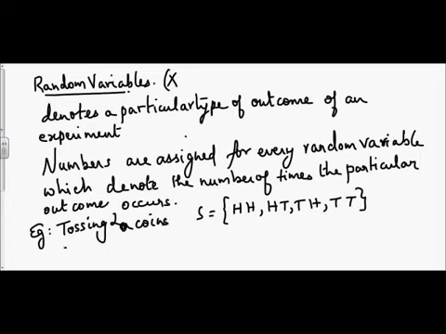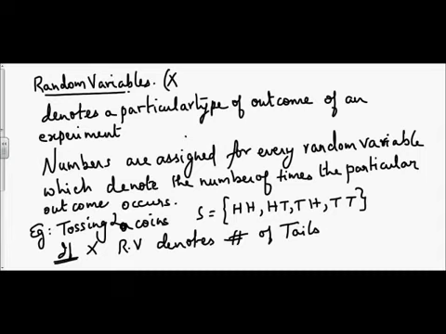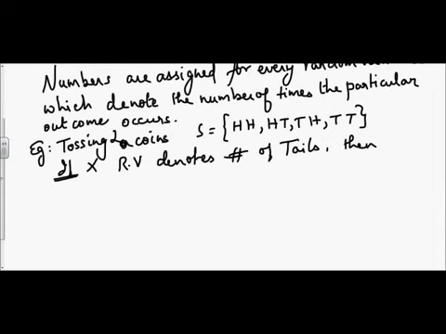If I consider X to be the random variable, I'm using the abbreviation RV for random variable. If X denotes the number of tails, then how do you write what X is?